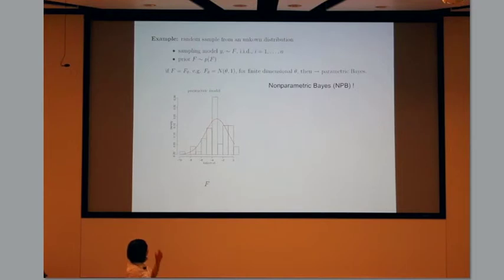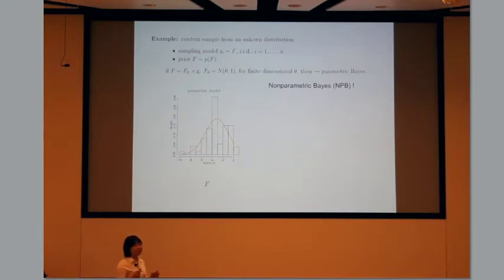So we can propose a non-parametric Bayesian model. So what's non-parametric Bayesian? Here we assume the observed data follows a normal distribution. But in most real world problems, we don't know the exact distribution the data follows.